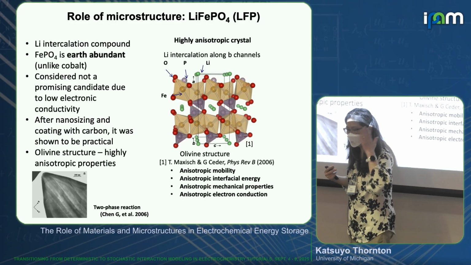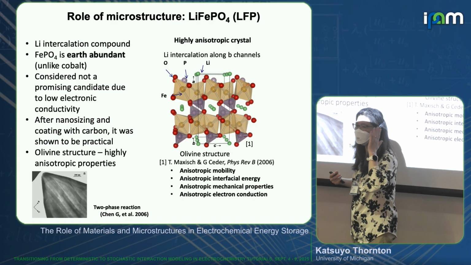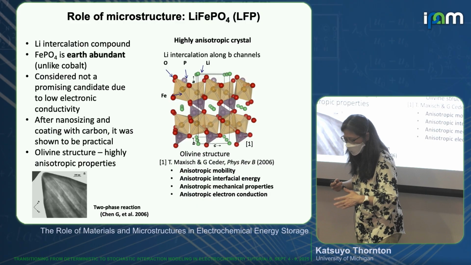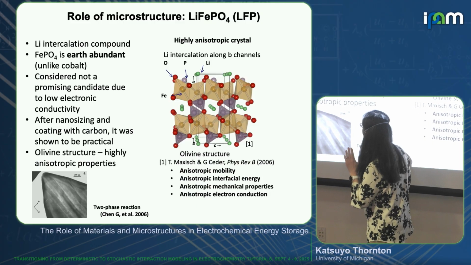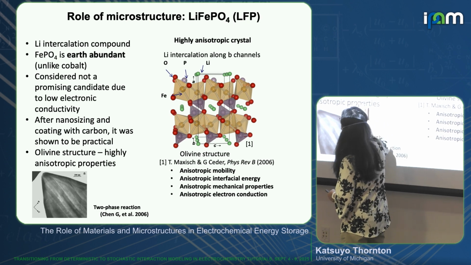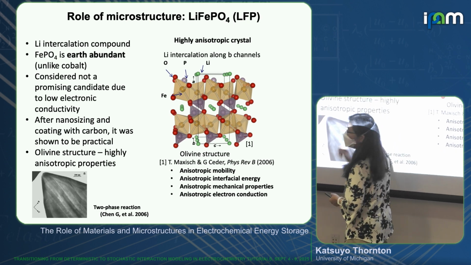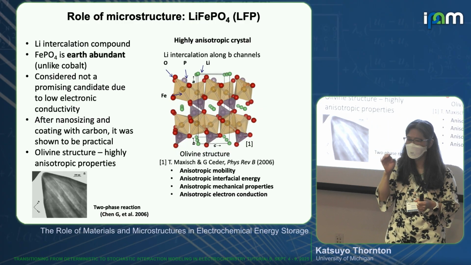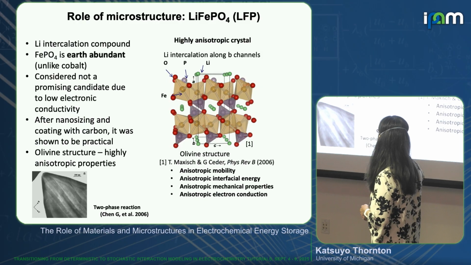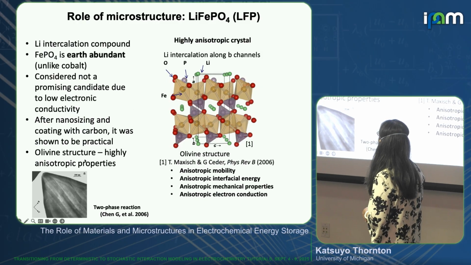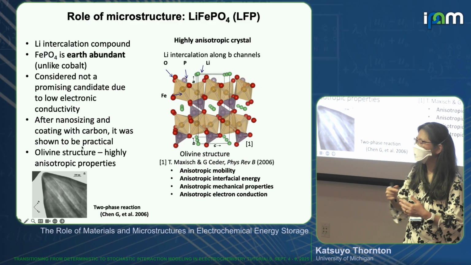Two-phase means that you have to create an interface, so you're going to get some hysteresis out of that. You lose energy by creating interface. But then they found out after making it into teeny, tiny particles, by nanosizing it, and then coating with carbon, it started to work.